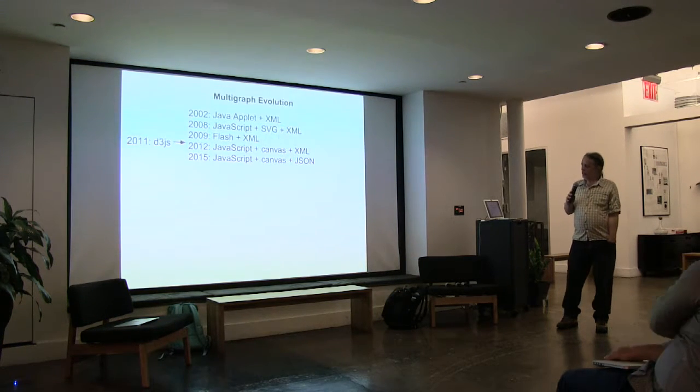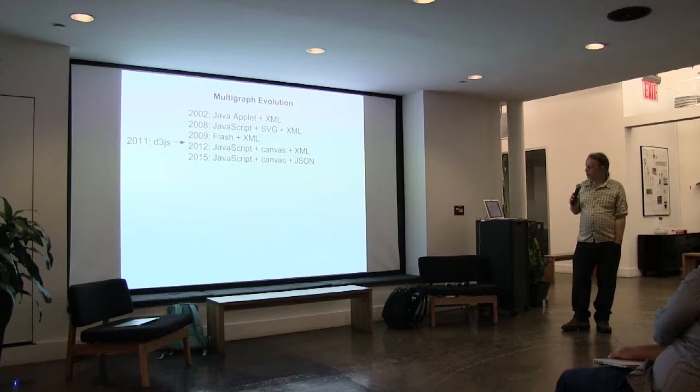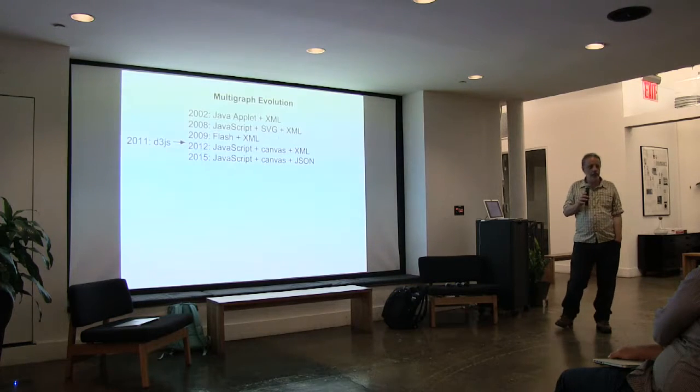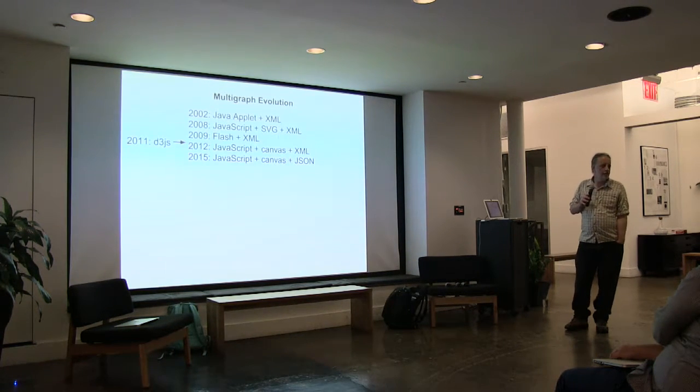Then several years later, Flash started falling out of favor, and there were all kinds of mobile devices it didn't work on. JavaScript had come a long way, and Canvas was well supported and fairly optimized, so we rewrote it in JavaScript to use Canvas, and the configuration files were still XML at that point. Then just this past fall, I managed to carve out enough time to add the ability to read JSON files, which is so much more pleasant than dealing with XML.